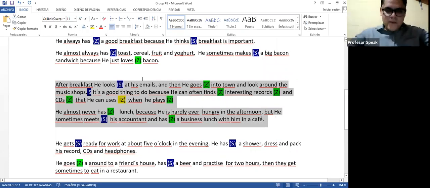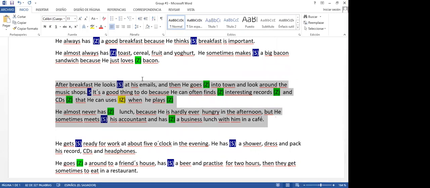Okay, Jency. After breakfast, he looks at his emails and then he goes into town and look around the music shops. It's a good thing to do because he can often find interesting records and CDs that he can use when he plays.